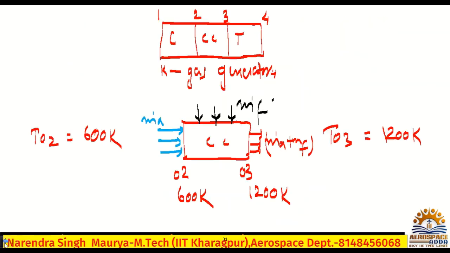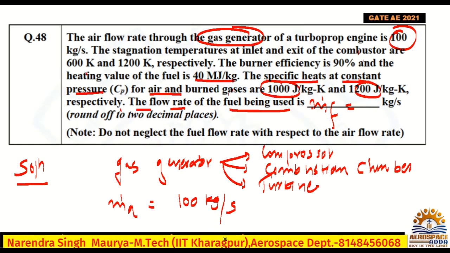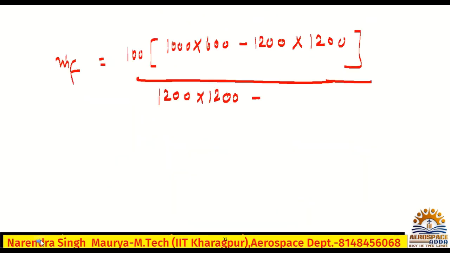What is eta Cc? That is the burner or combustion chamber efficiency, 90%, given here. So 90% means 0.9.